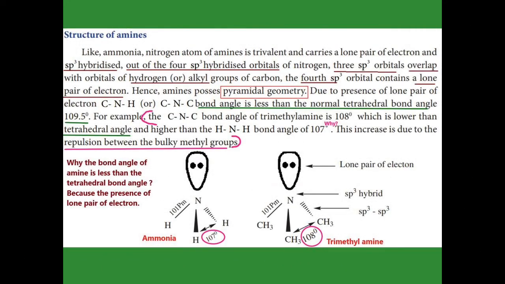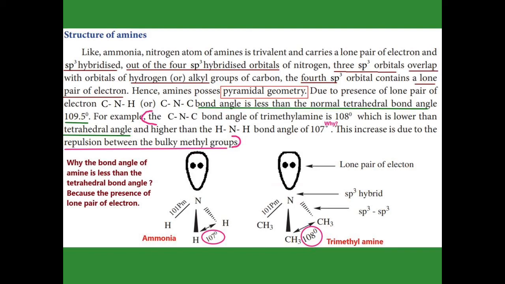Amine is sp3 hybridized. In sp3 hybridization it contains 1 s orbital and 3 p orbitals, so totally 4 orbitals. During hybridization it gives 4 sp3 orbitals. Among the 4 sp3 orbitals, 3 sp3 orbitals overlap with either hydrogen or alkyl groups, and the 4th sp3 orbital contains a lone pair of electrons.